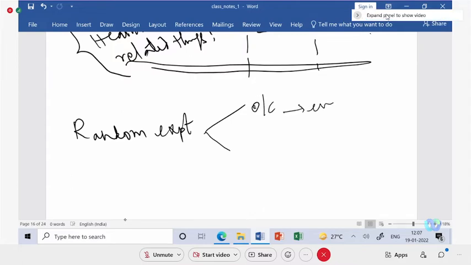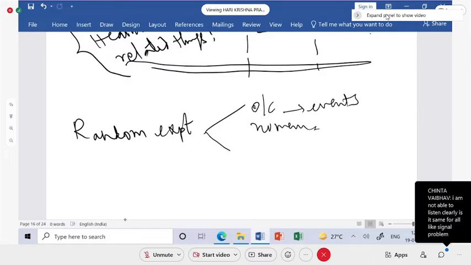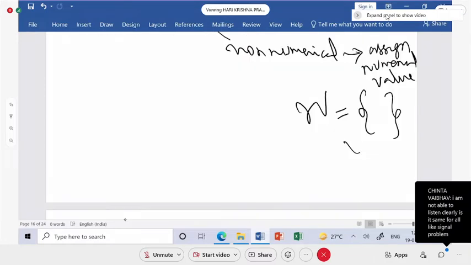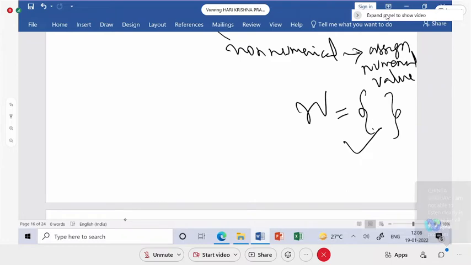We have defined points whose nature is non-numerical, and we make the non-numerical numerical. The set of values taken by a random variable X.